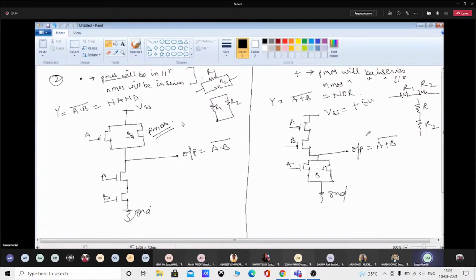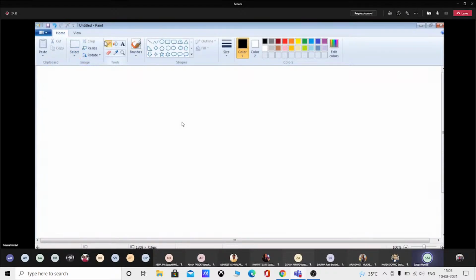Okay, now see, this diagram I'll make so nicely, and you all also can make it, but to make it properly you need practice. So it will come slowly. Suppose I'm writing A dot B whole bar. A dot B means dot is there, so PMOS will be in parallel.